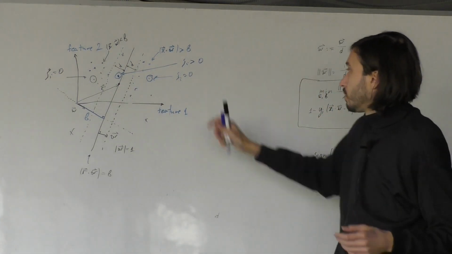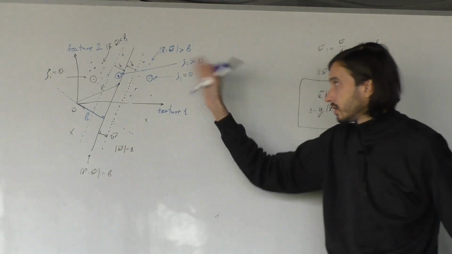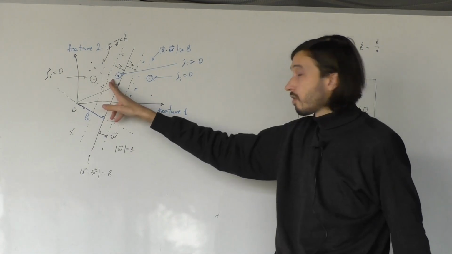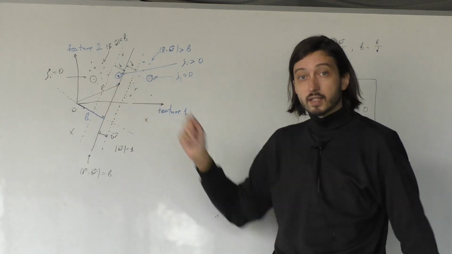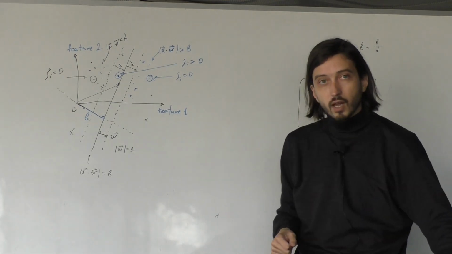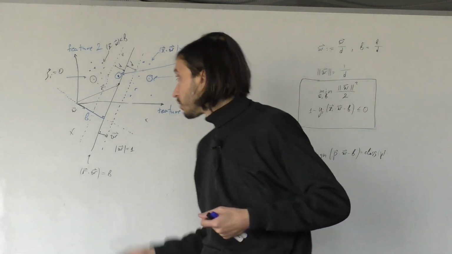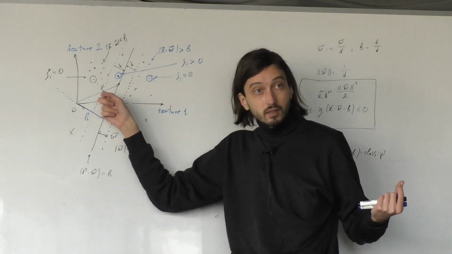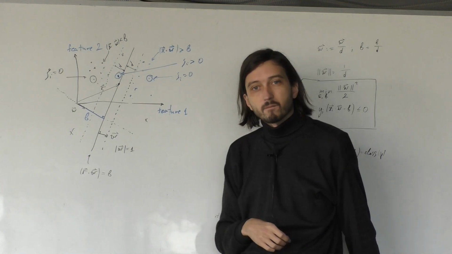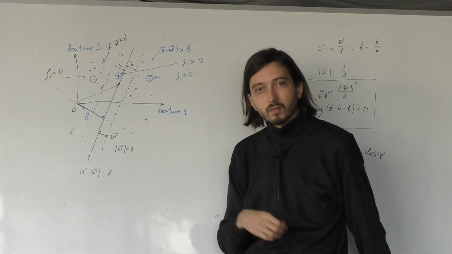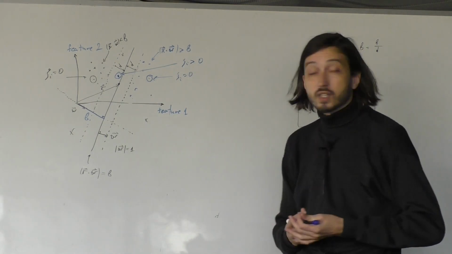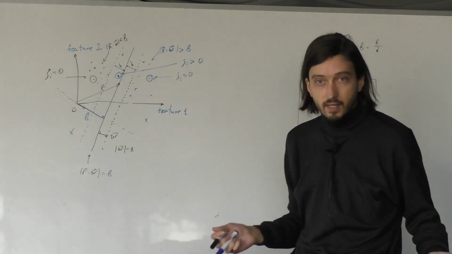So from all that intuitive ideas, if my points are on the wrong side of the line, and I want to allow them to stay there, why do I want to allow that? Because I have a non-separable data set.